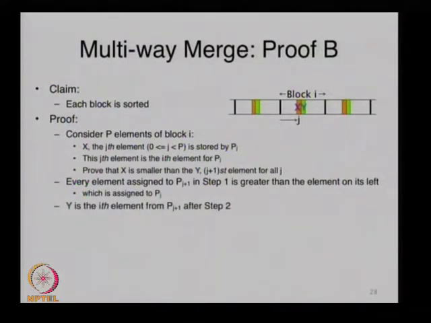Right? Nothing fancy? Okay. And every element, we just said this, every element that was assigned to Pj plus 1 is greater than an element assigned to Pj. And y was greater than the ith element assigned to Pj. And how many other elements were assigned to Pj that were less than y?